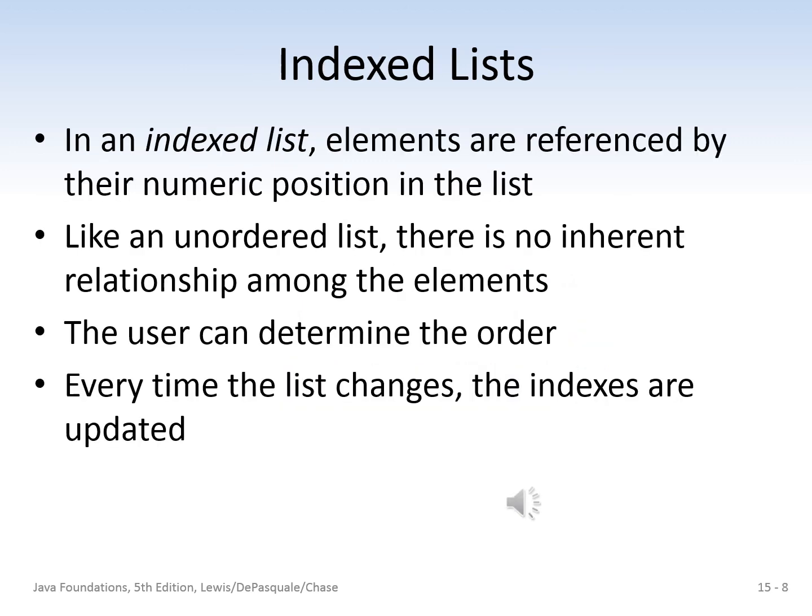In an index list, elements are referenced by their indexed position on the list, just like the indexes used in an array. So similar to the unordered list, there is no relationship among the characteristics of the elements, and the user determines the order.